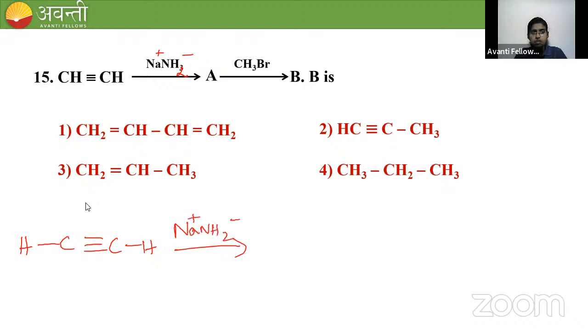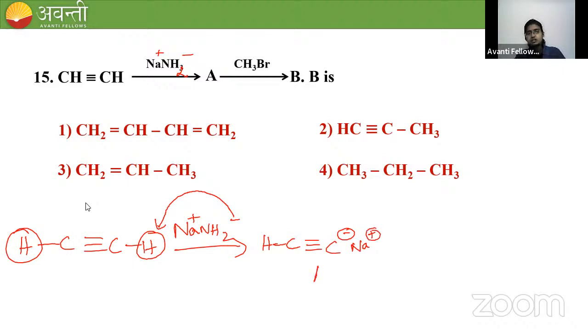So we have two acidic hydrogens. The base will come and attack one of these acidic hydrogens to give the product which has H C triple bond C minus Na plus. The salt kind of substance is formed. This is compound A, and this compound is treated with CH3Br.